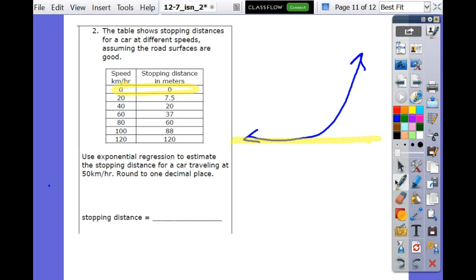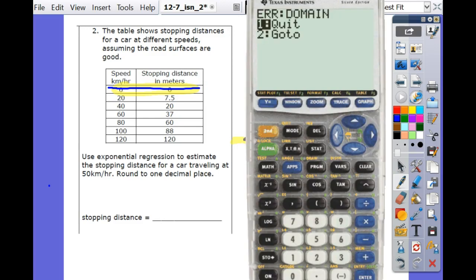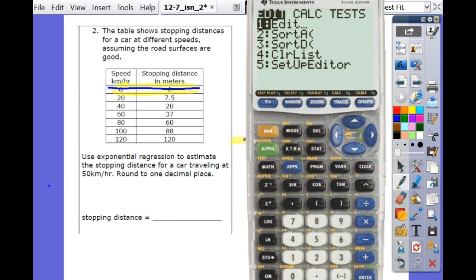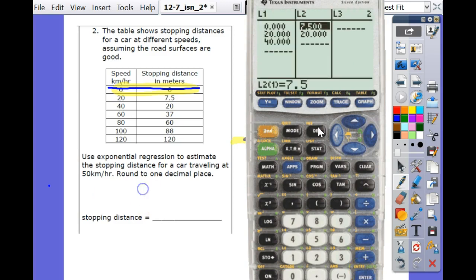So you need to leave those 2 points off of your data. You can just delete those out, and then put the rest of your data in and find the equation. The reason it said there was an error is because 0, 0 is on the asymptote, and it can't figure out the asymptote.